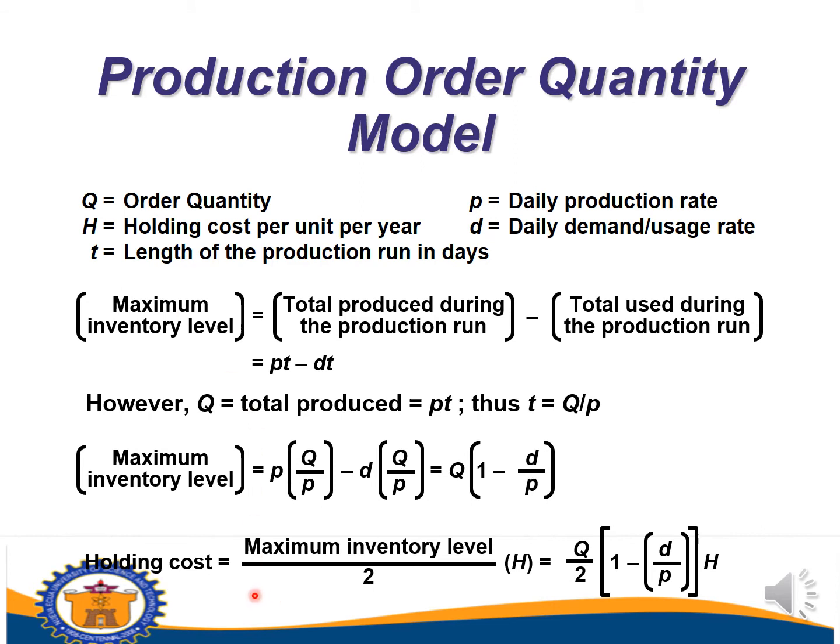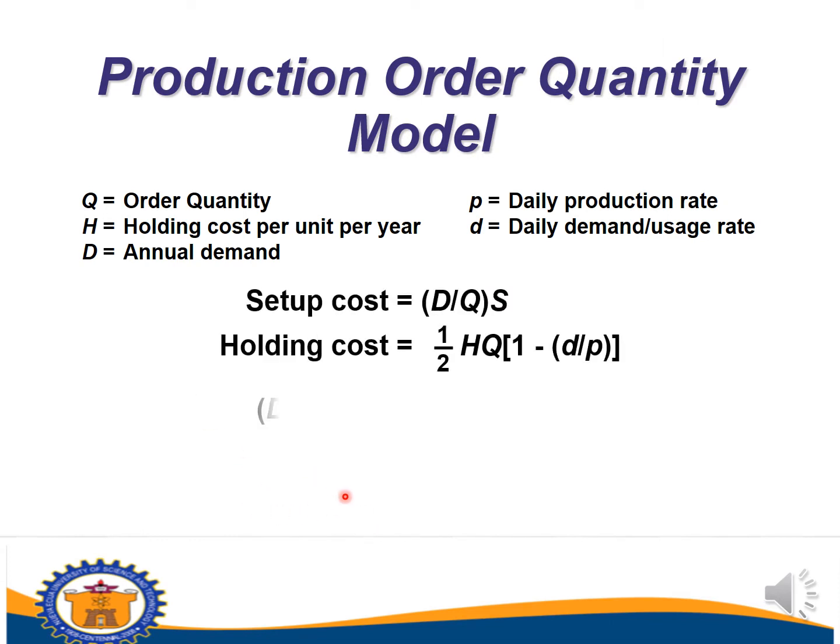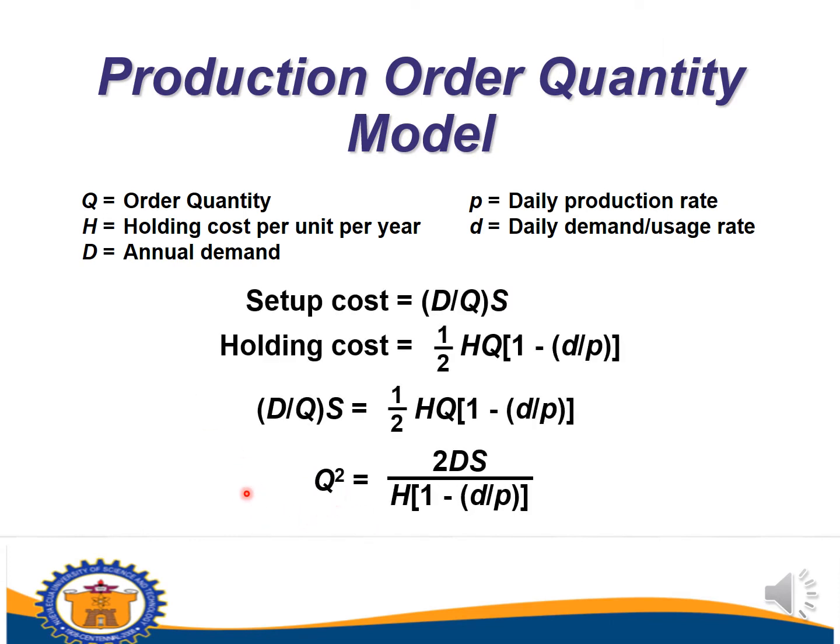It is equal to the maximum inventory level divided by 2, where H is equal to Q over 2 times 1 minus D over P times H. We have here the simplified formula of the production order quantity model, where the holding cost is modified: the square root of 2 times D times S over H times 1 minus D over P.